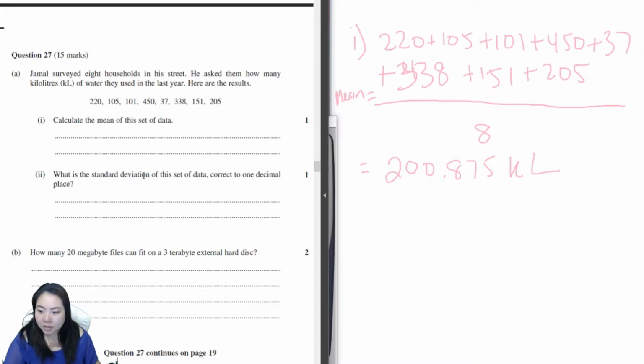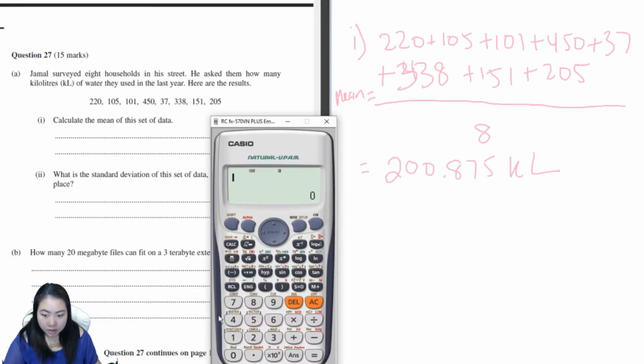Number 2. What is the standard deviation of this set of data correct to 1 decimal place? I believe for standard maths you're doing this on the calculator. So let's start with putting the data in. We have mode, and I want stat 1 for 1-variable, and then you just enter in all of the data.